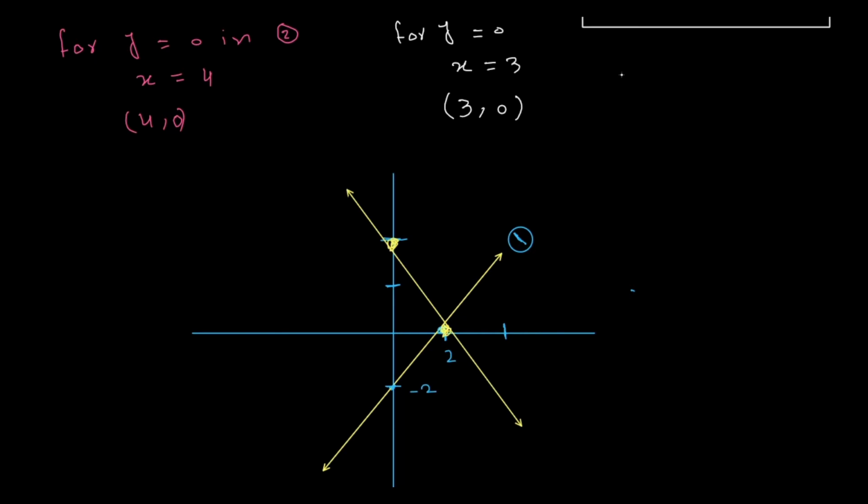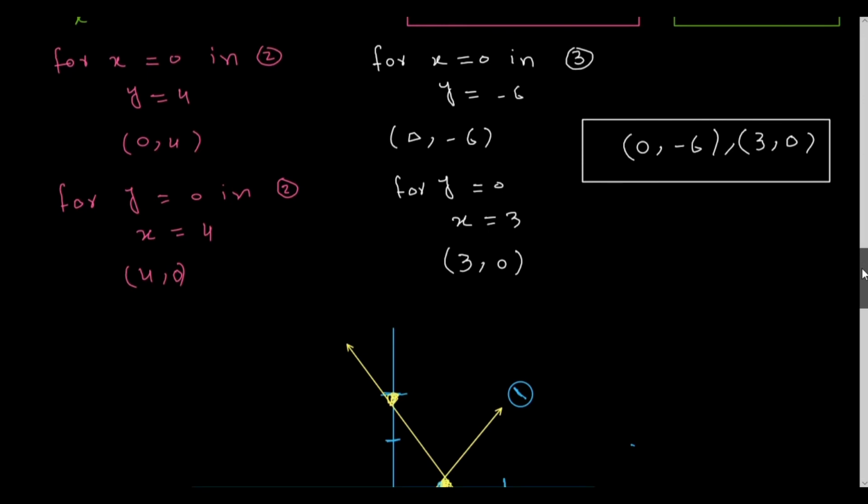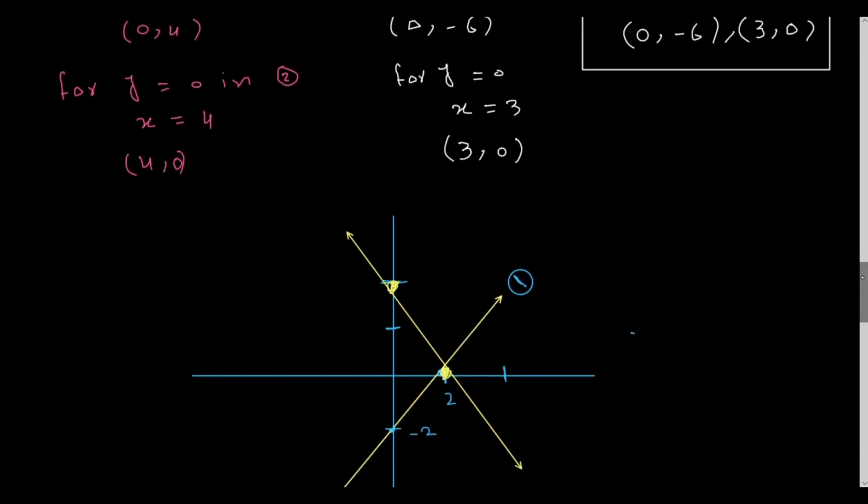Now the third set of points is 0, minus 6 and 3, 0. So 0, minus 6 will be over here on this axis.